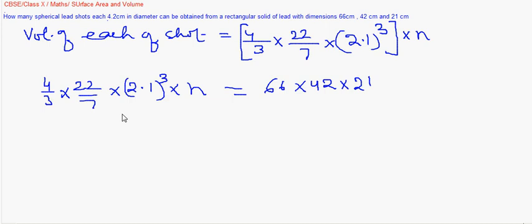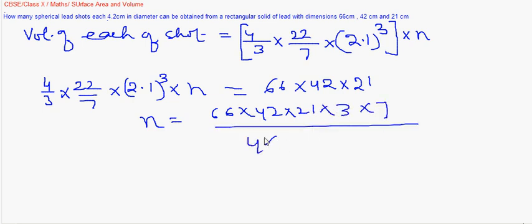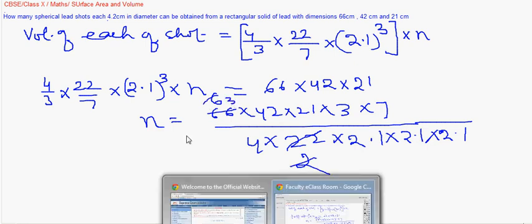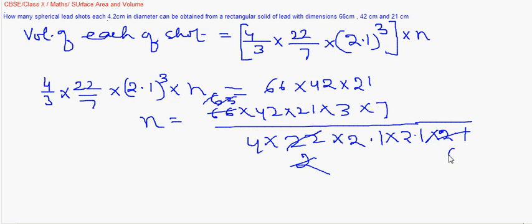Now in that case, n will be equal to 66 into 42 into 21 into 3 into 7 by 4 into 22 into 2.1 into 2.1 into 2.1. It's 11, 2, 6, 2, that is 3. This is 0.7, this is 0.1, this is 0.7.